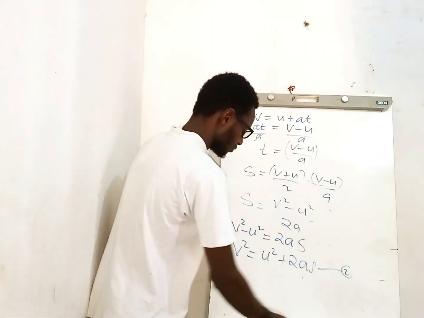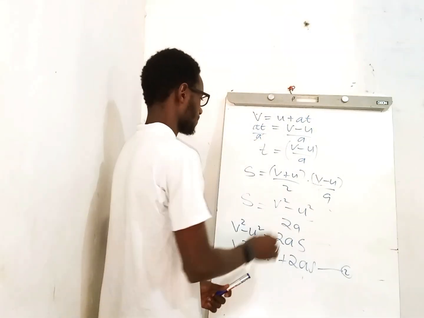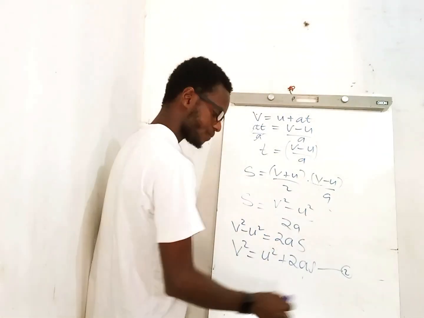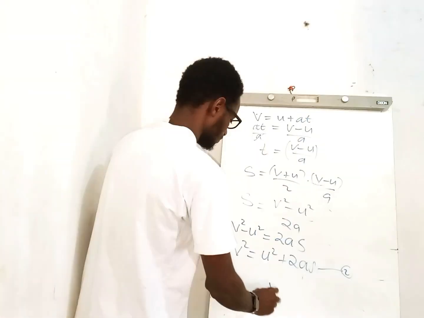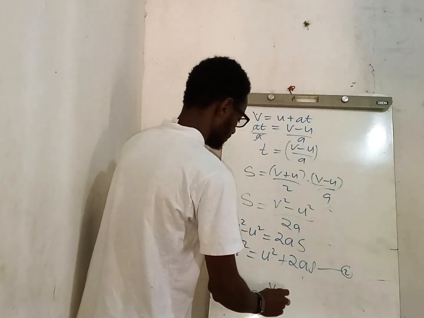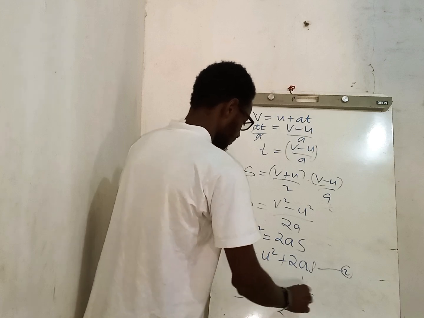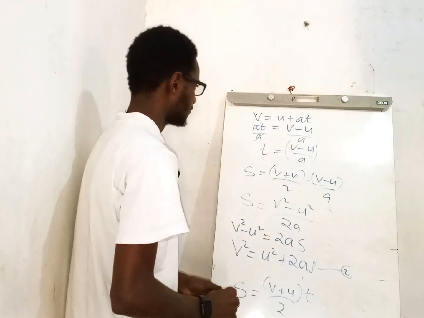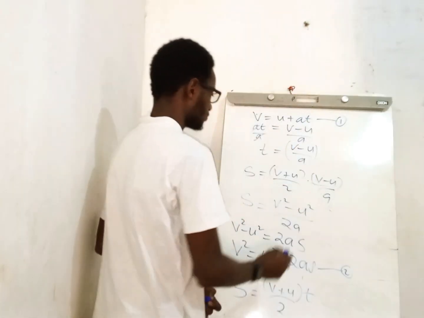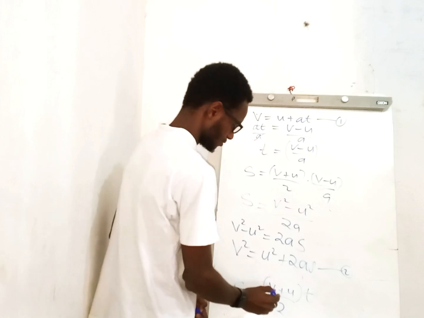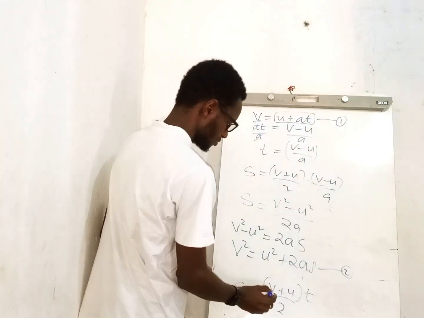Now let's look at the third equation of motion. How do we get the third equation of motion? From our s is equal to v plus u all over 2, times t. Of course, we know that v = u + at, equation 1, so we can substitute this into the v here.